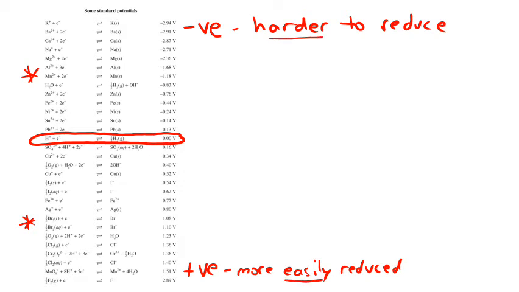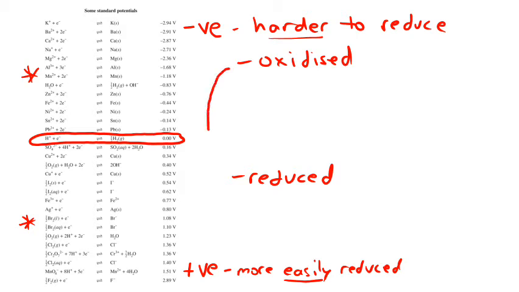So I would expect the one that's lower in the list to be reduced, and the one at the top that's higher up would be oxidized. What's that actually mean? Well, oxidation is losing electrons, so I would expect electrons to be moving from the half cell that is higher up in this list to the one that is lower, because the one that's higher up is more easily oxidized.